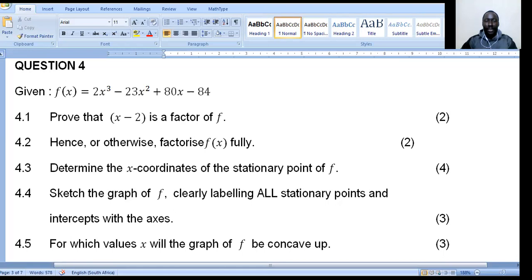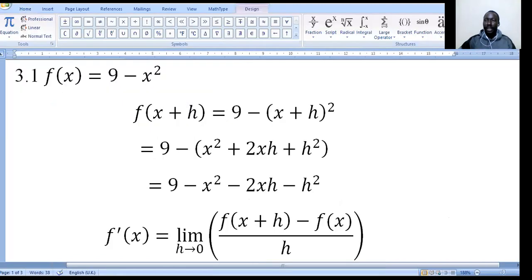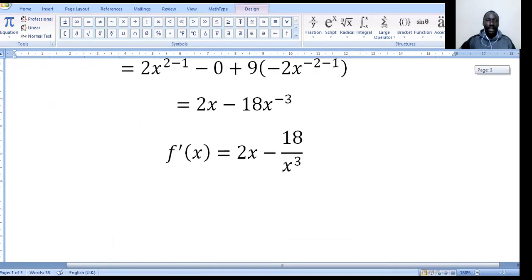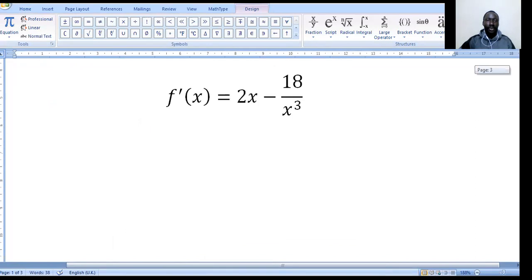To prove that a given expression, in this case x minus 2, is a factor, that means if we substitute the value 2 in this expression, then we will get 0. This is what I'm trying to say. Let me create a page right away where we can get started with our discussion.